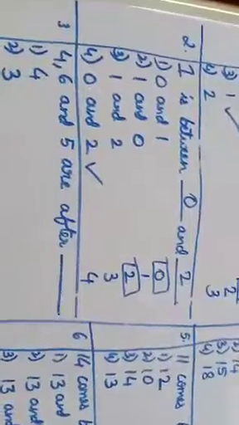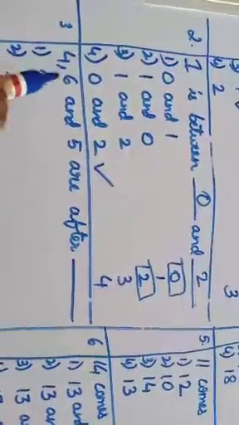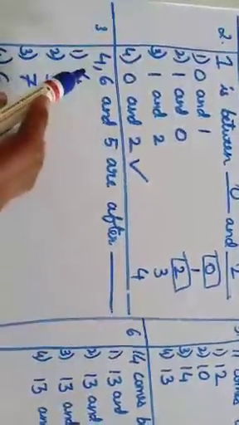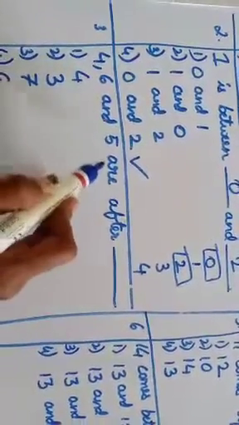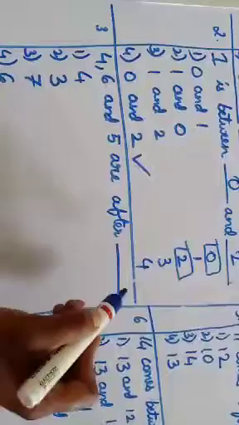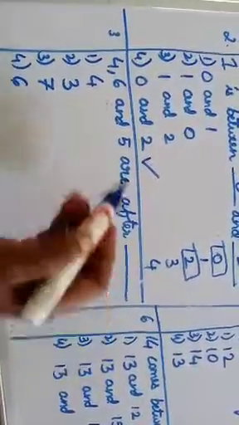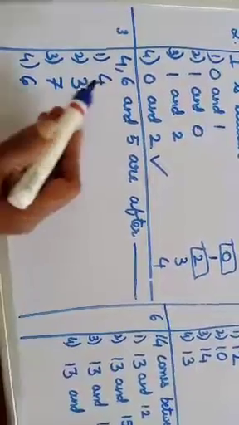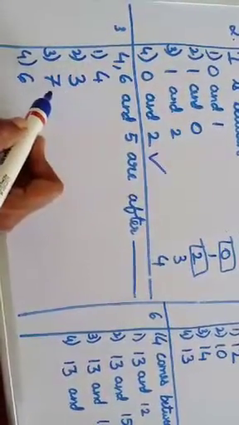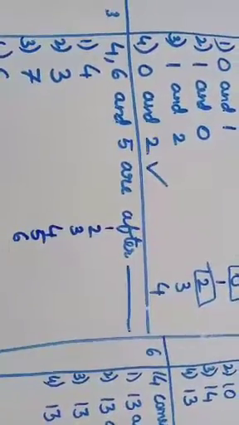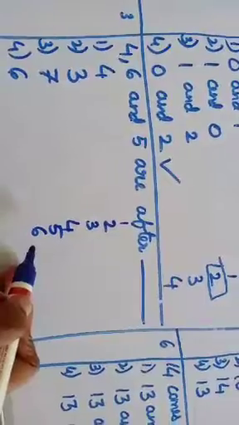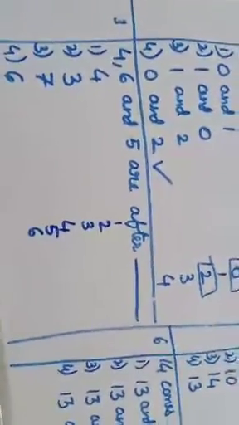Okay. The next one is 4, 6 and 5 are after dash. Options are 4, 3, 7, 6. So you can do a rough work, that is you can write a number 1 to 6 and you can find out the answer here.